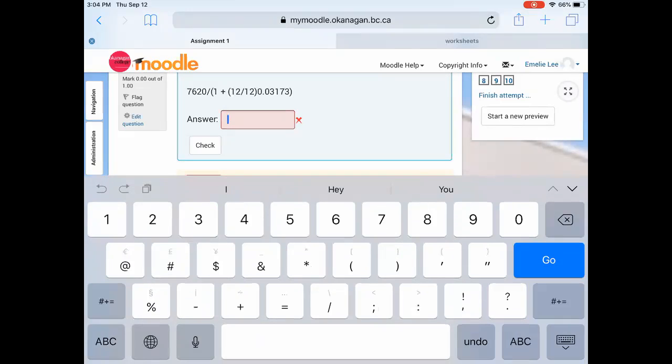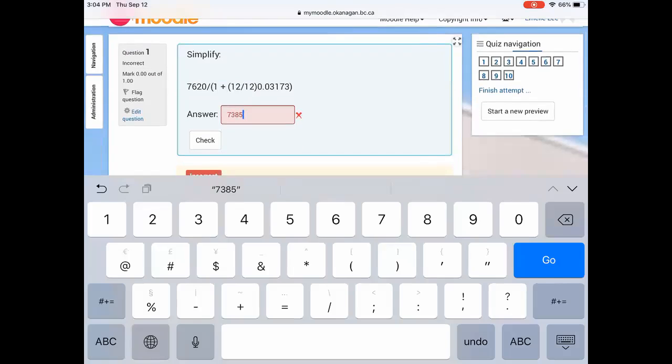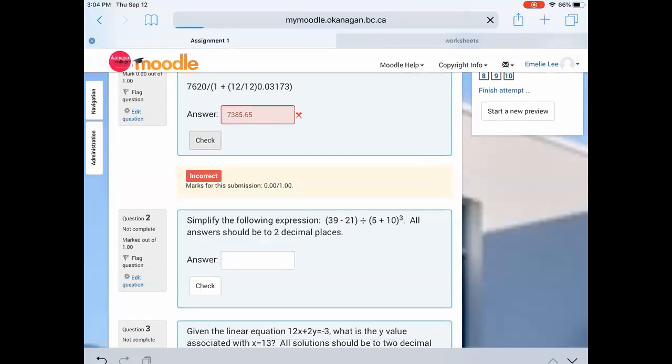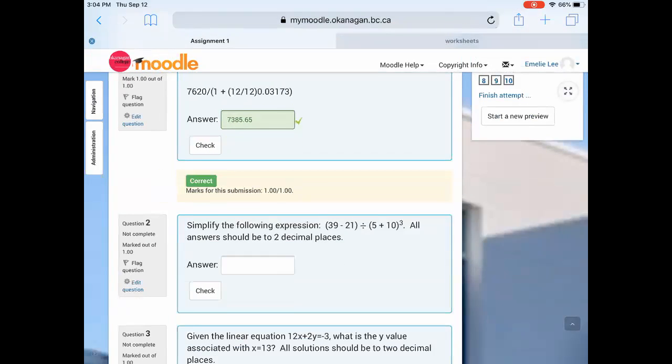For example, 7385. Does it say how many decimal places? Let's try 2 decimal places. Love that green. So you can make sure that you have the right answer before you submit it. Yours will be different, but same idea.